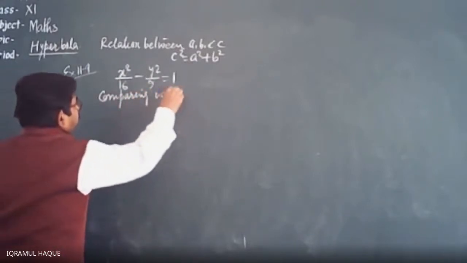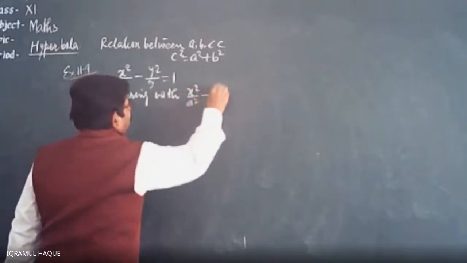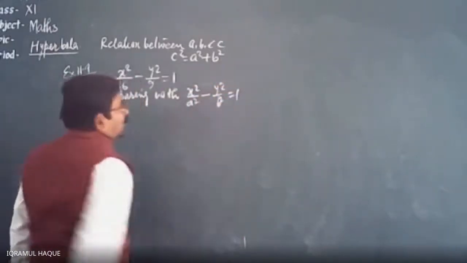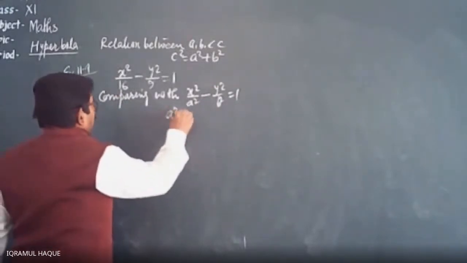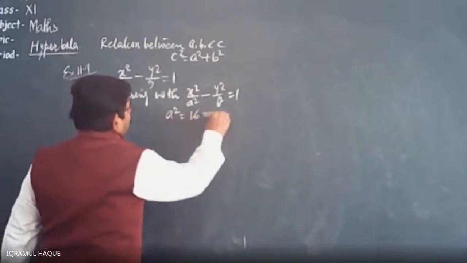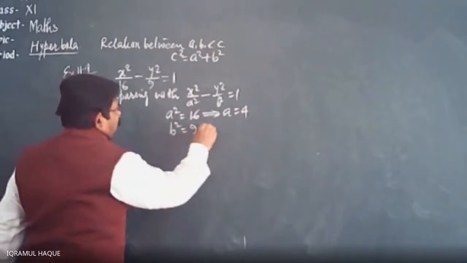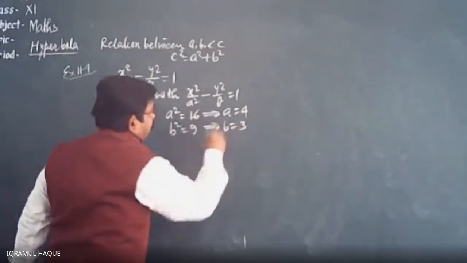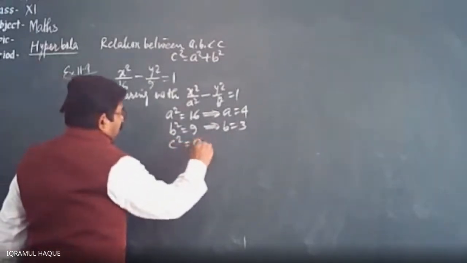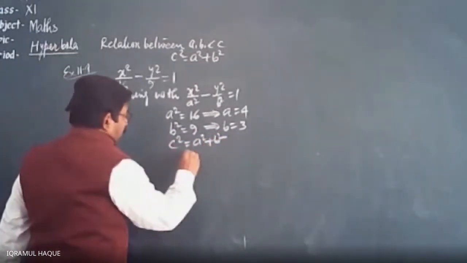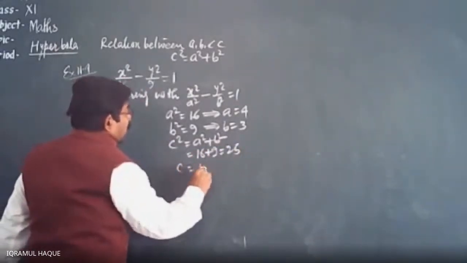Comparing with x square upon a square minus y square upon b square is equal to 1, we have a square is equal to 16, so a is equal to 4. b square is equal to 9, so b is equal to 3. Now we can find c. c square is equal to a square plus b square, which is 16 plus 9 is equal to 25. So c is equal to 5.